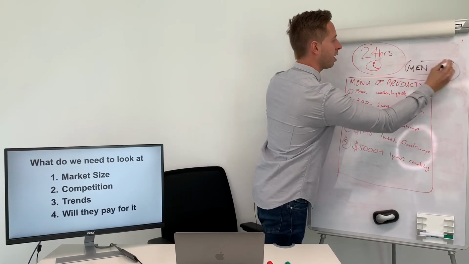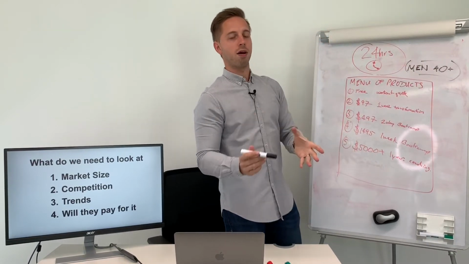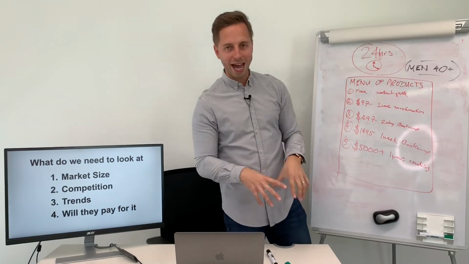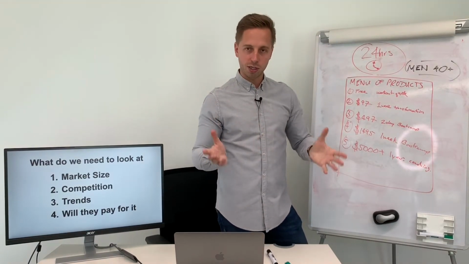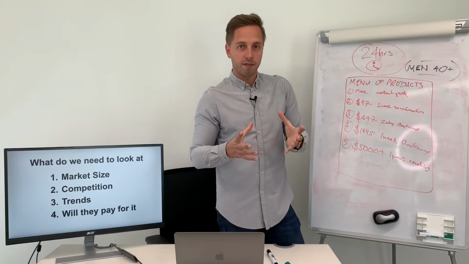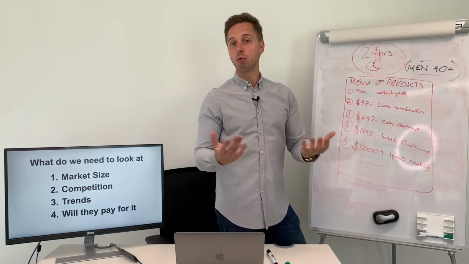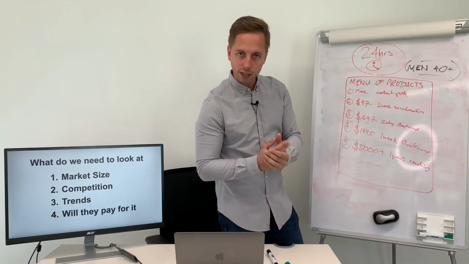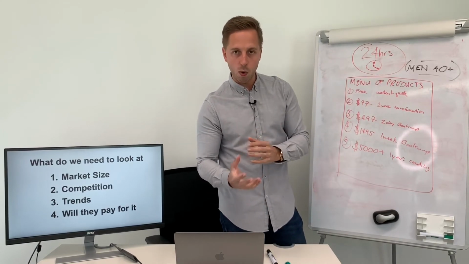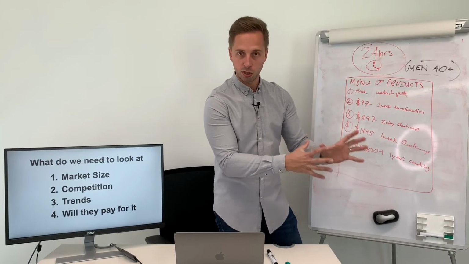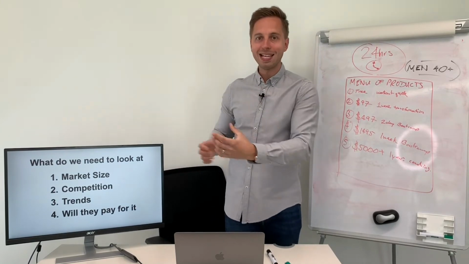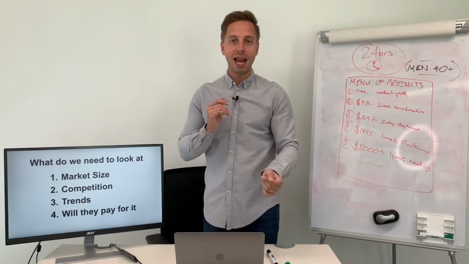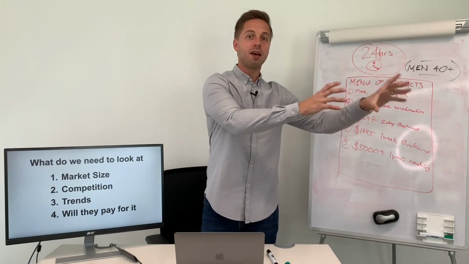Now, I do recommend that you niche down, because the more that you niche down, the easier it is to establish yourself as the expert and effectively the authority, which leads to more sales. So if you were going to do this for men over 40, well, guess what? Your content now is going to be adapted for them on social media. Your website is going to be adapted for them. The language you use is going to be adapted for them.